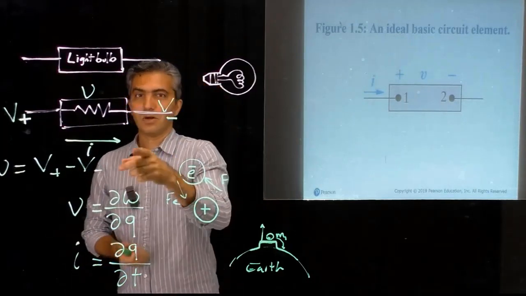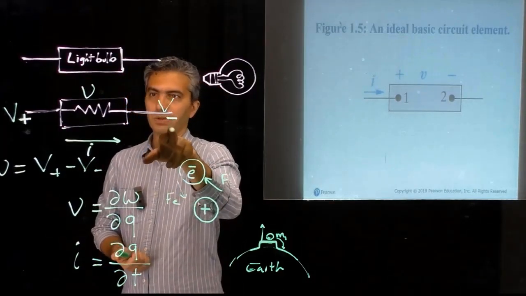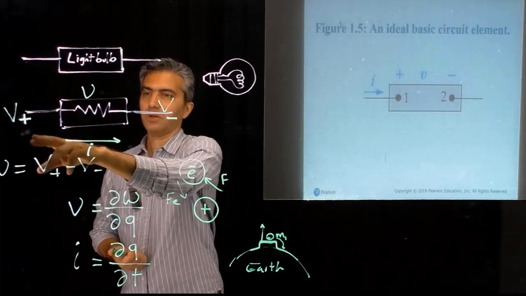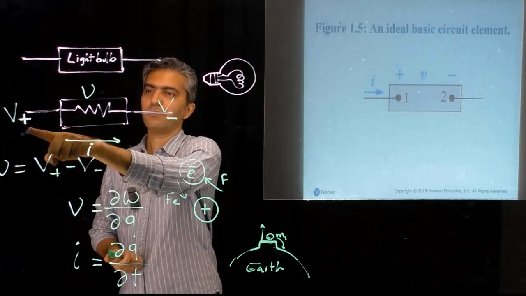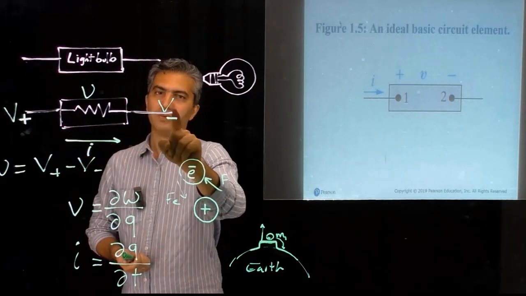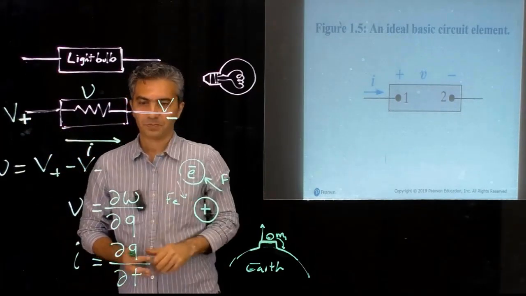And the electrons move from the lower potential to a higher potential, or in other words, the positive charge moves from the higher potential toward the lower potential.